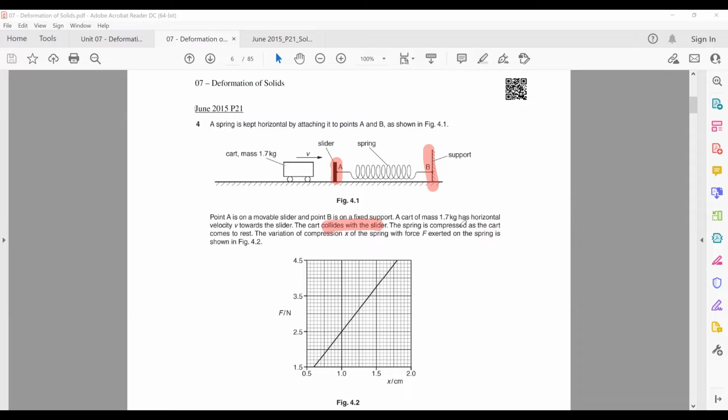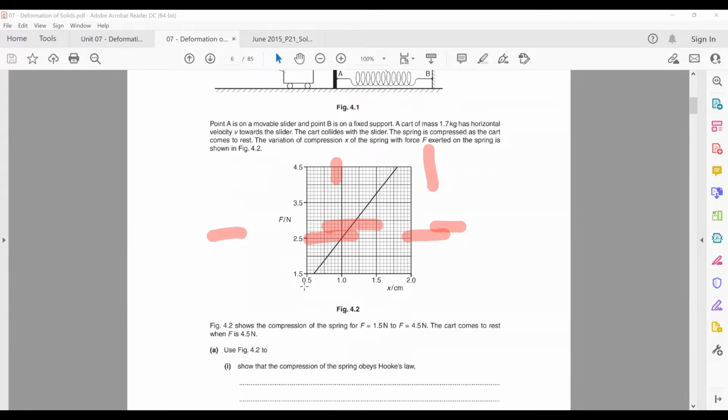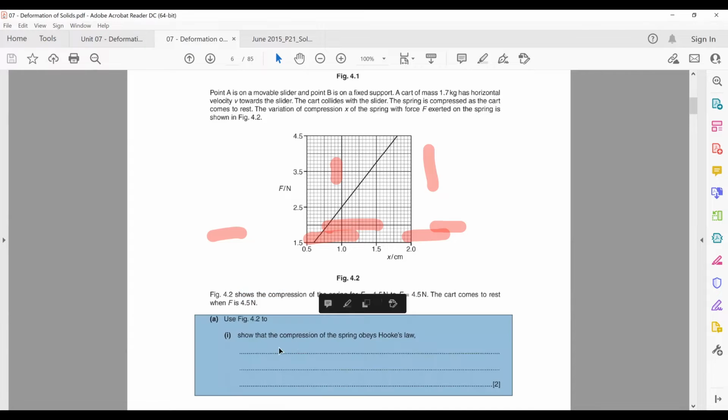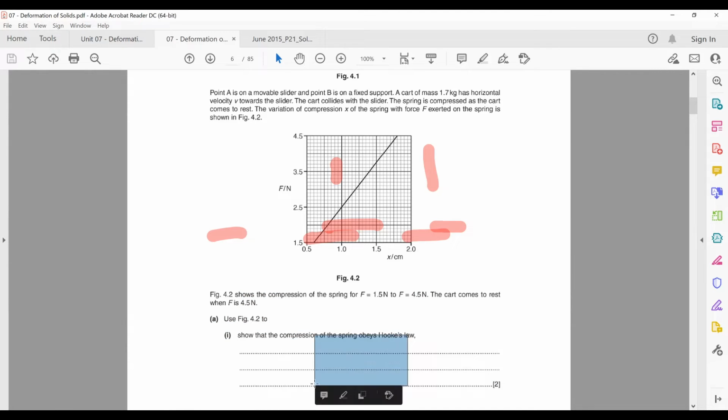The spring is then compressed as the cart comes to rest. The variation of the compression x of the spring with force F exerted on the spring is as shown here. Figure 4.2 shows the compression of the spring for force 1.5 Newton to 4.5 Newton. The cart comes to rest when the force is 4.5 Newton. Now, show that the compression of the spring obeys Hooke's law.